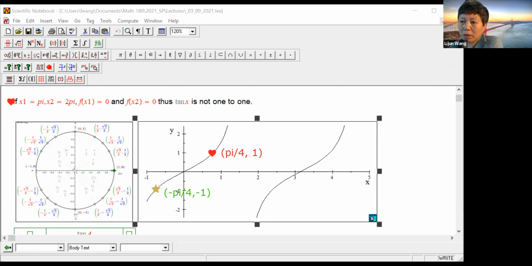5 pi over 4 is positive, right? So the angle is measured from standard position counterclockwise. So this is the terminal. And what would be the purple arc length measured from the same place? Right here. Do you follow me?